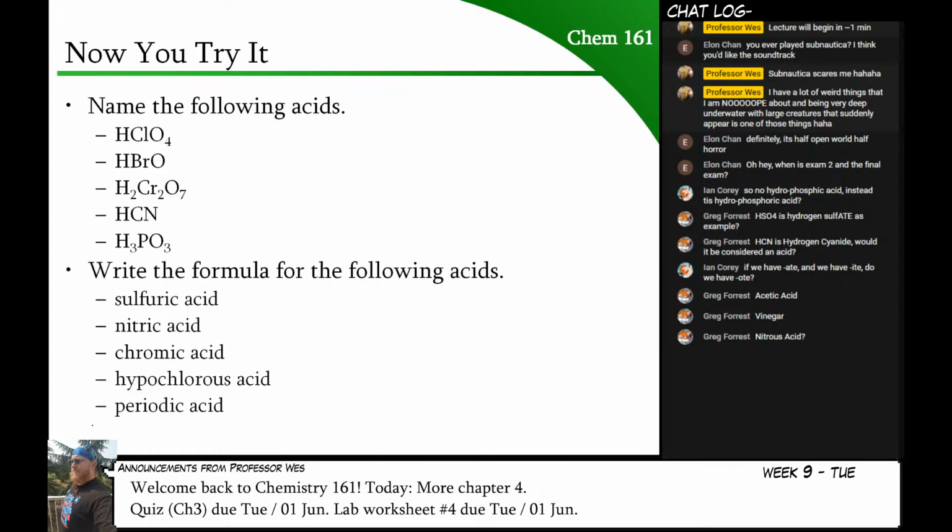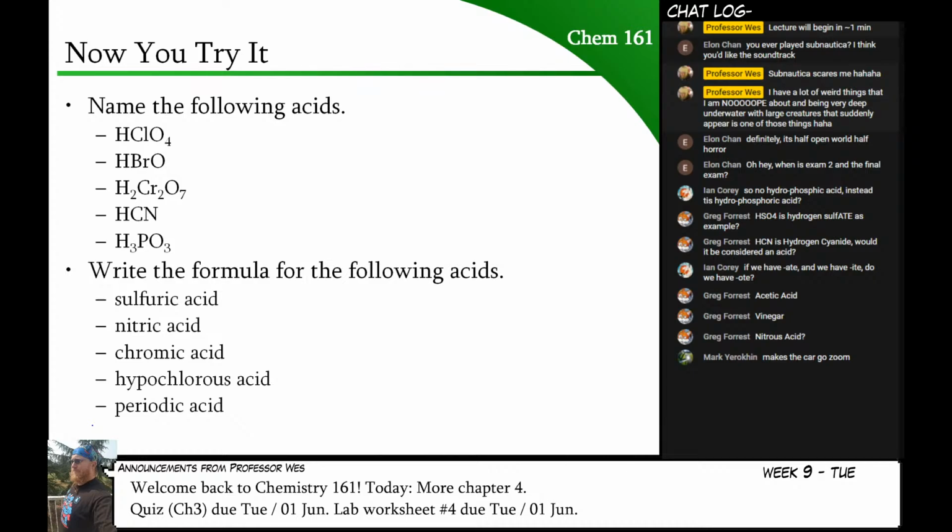All right, I'm going to put these acids on the board here. What I want you to do is give a name to these acids at the top, and then write the formula of the acids at the bottom. Note that the last one is not periodic acid. That is per-iodic acid. A lot of people look at that and they're like, what the hell?